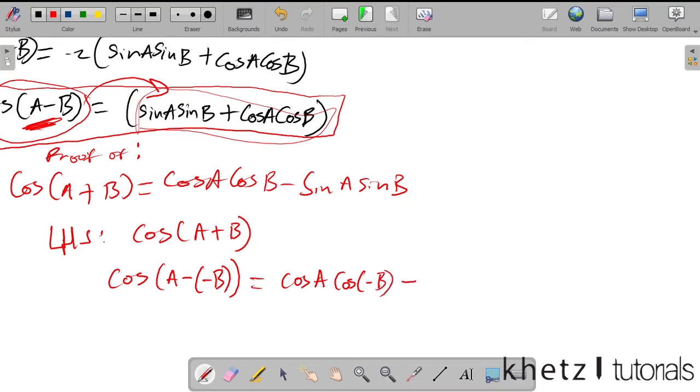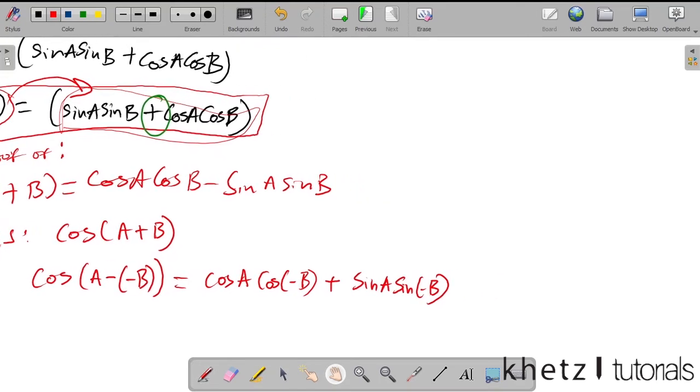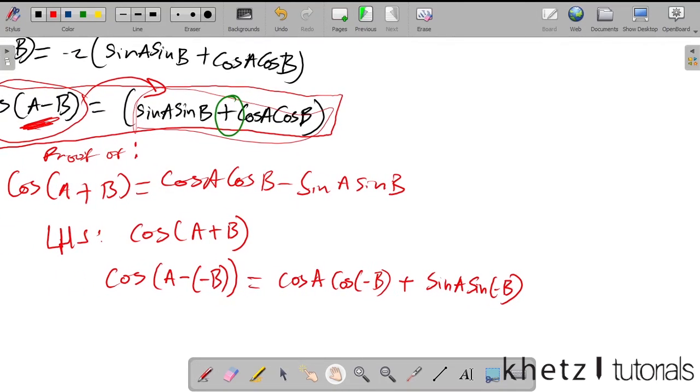Then we're going to have what follows in this formula, sine A and then sine of negative B. Now, if we go back to our reduction formulas, or look at our quadrants, in the CAST diagram, if you go in the negative direction, you find yourself in the quadrant where only cosine is positive, which means we have cosine of positive B, and negative sine over there.